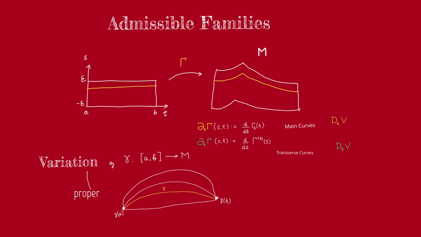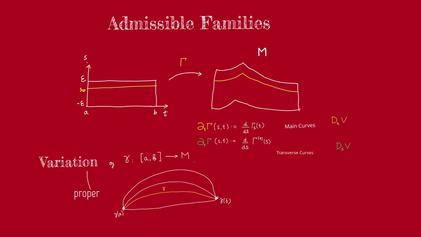So each member of the family is an admissible curve on M. More formally, an admissible family of curves is a map gamma from a rectangle inside M, so that for every choice of s, say s naught here, we get a corresponding admissible curve, gamma s naught, a curve in the variable t. We call it the main curve. When we fix the variable t, each of these is called a transverse curve.